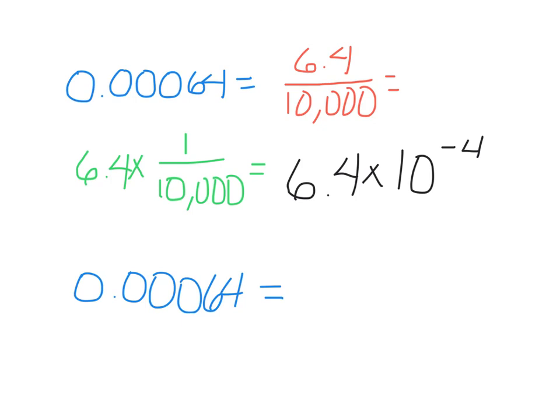So you would put that as 6.4 times, and you remember scientific notation from before, it's a 10 with a power. Now we had to count all these zeros. We had 1, 2, 3, 4 zeros. So it's a power of 4, but since it's a decimal, it's a negative power of 4.